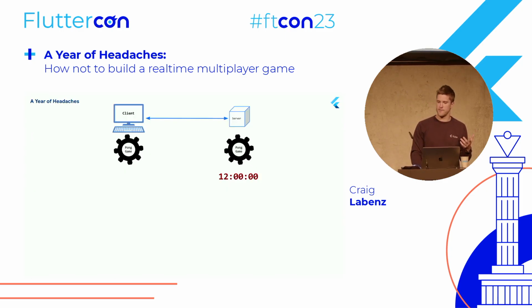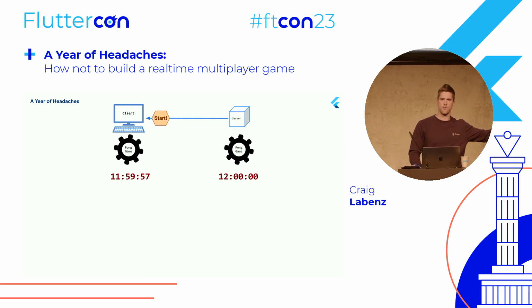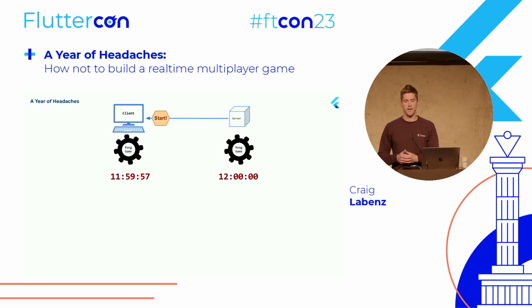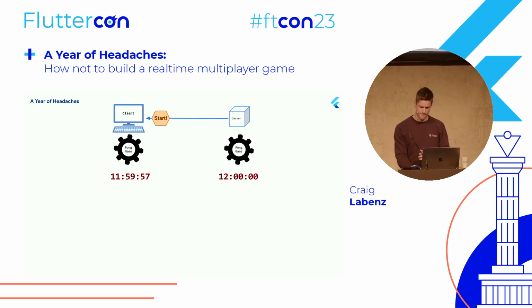And so again, just to see why this is true, it's noon, a game starts. And then that signal goes to a computer that has some other time drift. Let's say this client is 3 seconds behind the server. It's not like 3 seconds of travel. Its clock just reads 3 seconds slower.